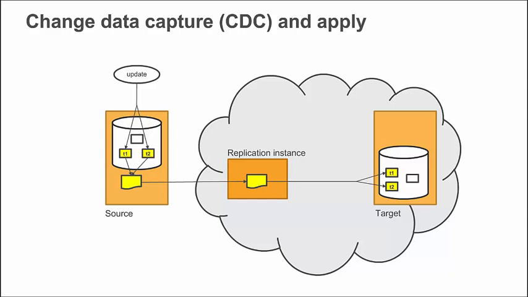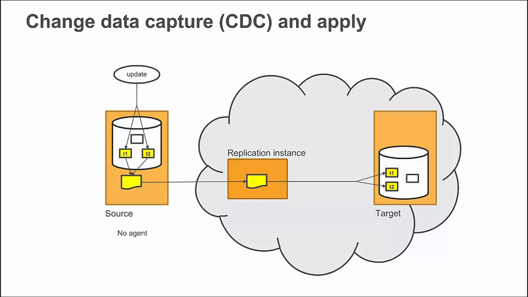If you have transactions which update multiple tables, for example, an update statement executed against your source database that touches two tables, T1 and T2, these changes will be applied in one transaction on the target as well. We will only start applying changes after we finish the bulk load.